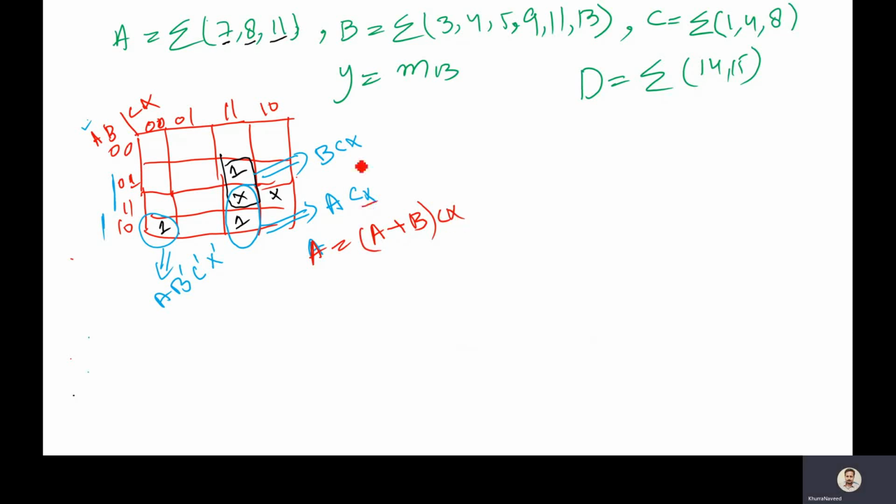So I've taken the CX out as common, and plus A B complement, C complement, X complement, right? So this way you can find the Boolean expression for each output, and then you can draw its logical circuit, right?